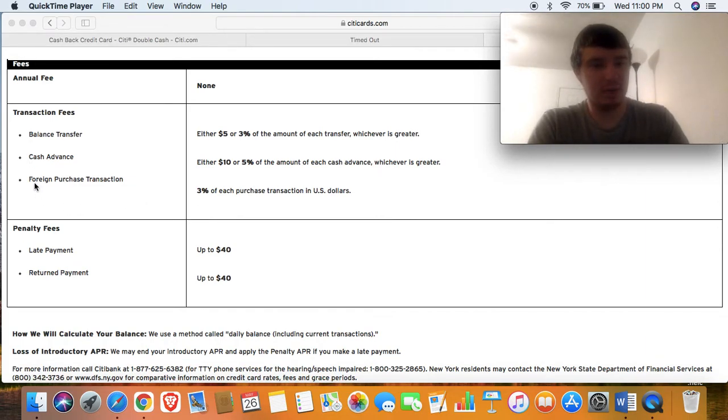So then we go down here. Some credit cards have this and some credit cards don't. It's called a foreign, well, they call it a purchase transaction, but it's a foreign transaction fee. Let's say you're over in Great Britain and you buy a Pepsi. Well, for that Pepsi, they're going to charge you 3% of that Pepsi.